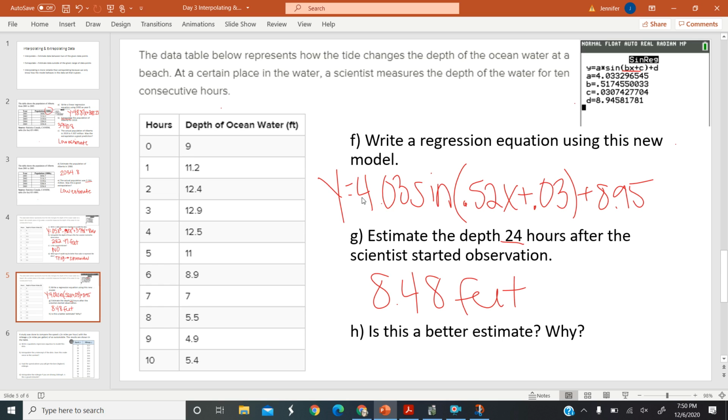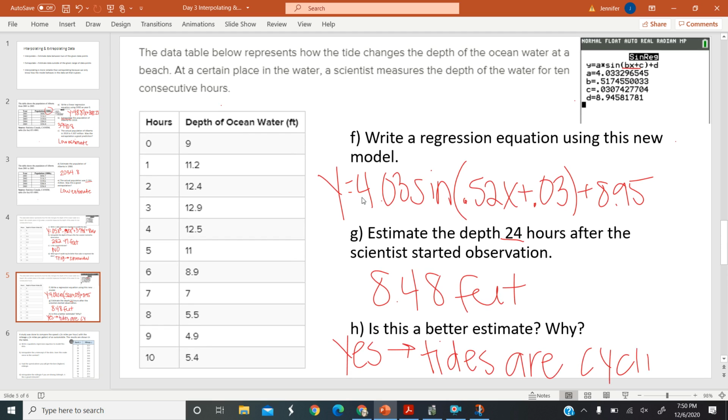So looking at the numbers that we have, it makes a lot more sense for 8.48 to fall in as the water depth than it did at 282 on the last slide. So yes, it is a better estimate. And the reason why, if you're talking logically, it would just be because tides are cyclic and the water is going to go in and out, and it's not going to go from being about 8 feet to about 282 feet in 24 hours.